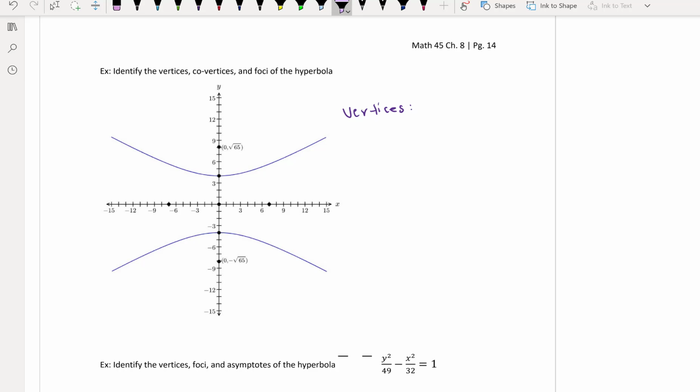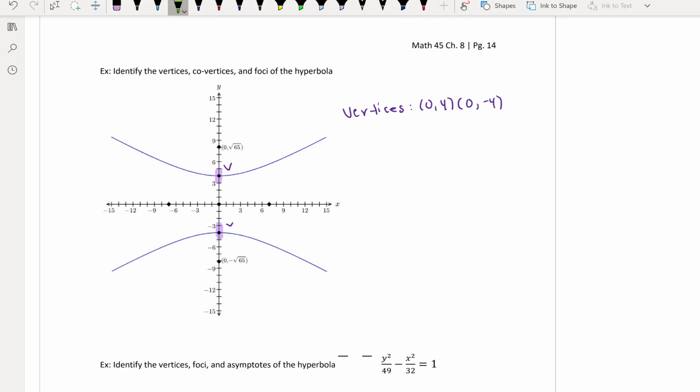So here, our vertices are going to be here and here. That ordered pair is going to be (0, 4) and (0, negative 4). Okay? So that is going to be my vertices, and maybe I'll even put a little V so you know that those are my vertices.